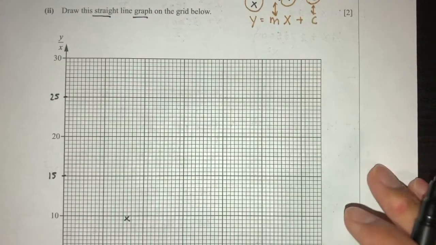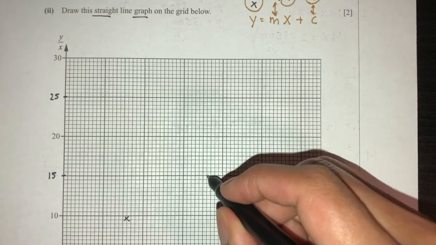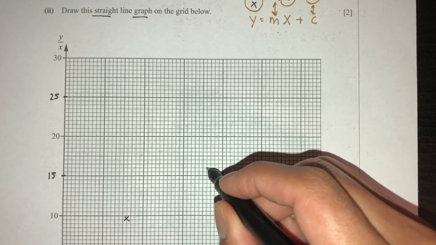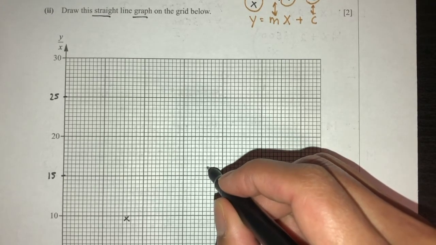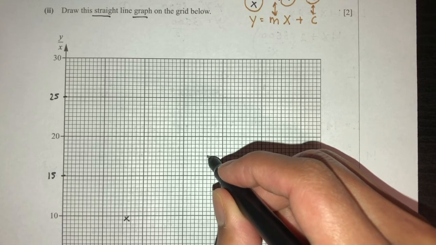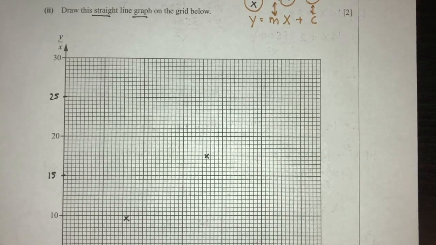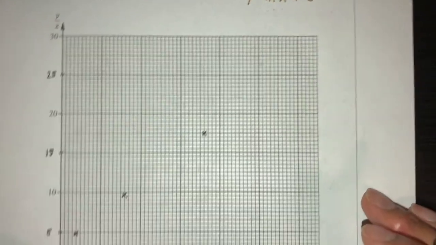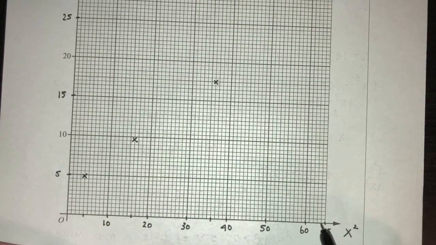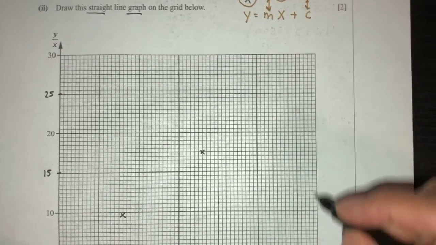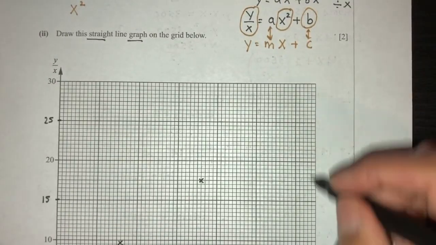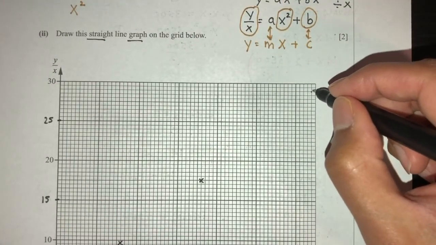And 17.5, let's check. This is 15, 16, 17.5, right here. The next one, 64, 29. 64 will be on this line, and 29 will be just before 30. That should be right here.